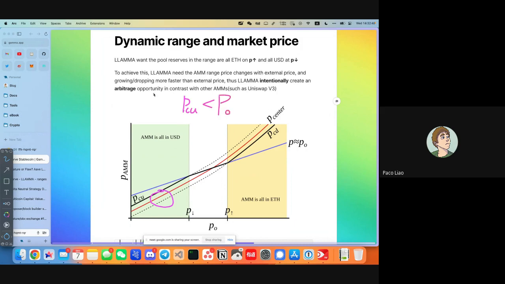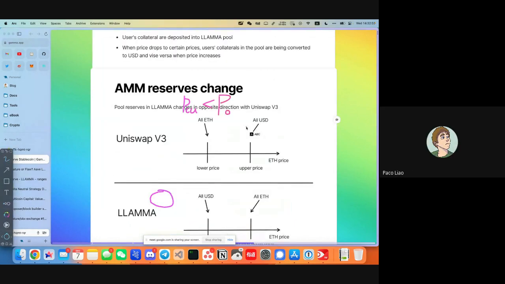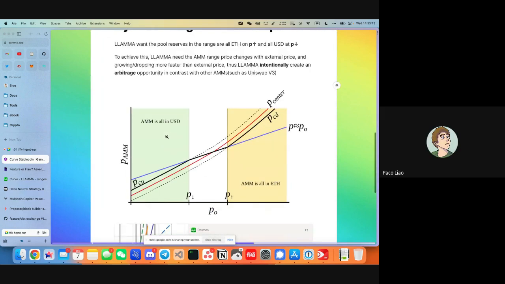So this range is out of range. Just like Uniswap V3, if the external price is here and you are out of range, the upper price is lower than external price, right? So all the tokens in this range will be USD, right? Yes. So this is in this green area because the upper price is lower than external price.